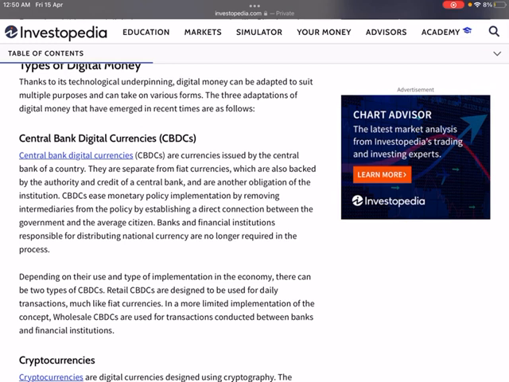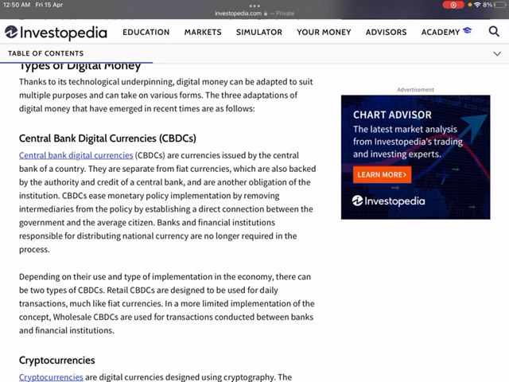CBDCs improve monetary policy implementation by removing intermediaries from the process, establishing a direct connection between the government and the average citizen. Banks and financial institutions responsible for distributing national currency are no longer required in the process.